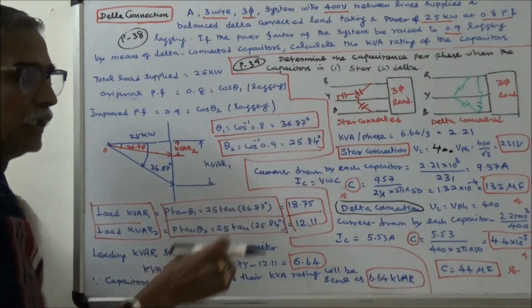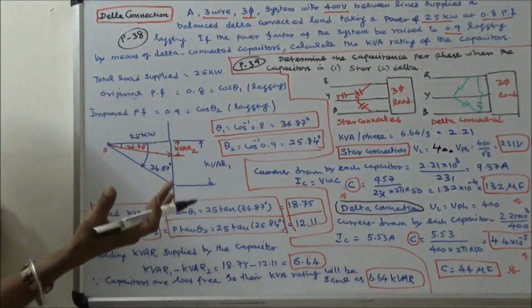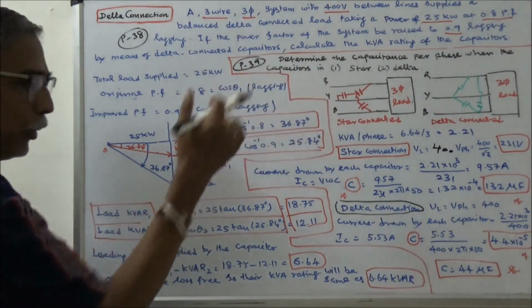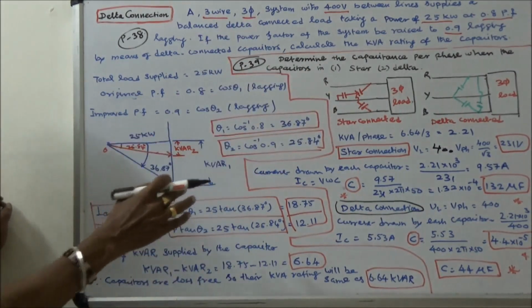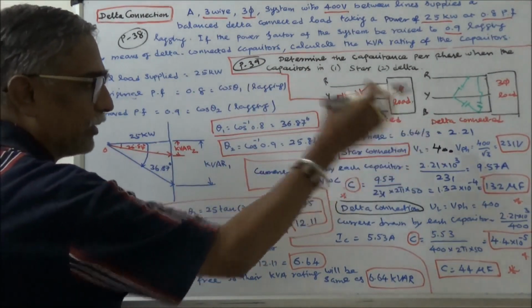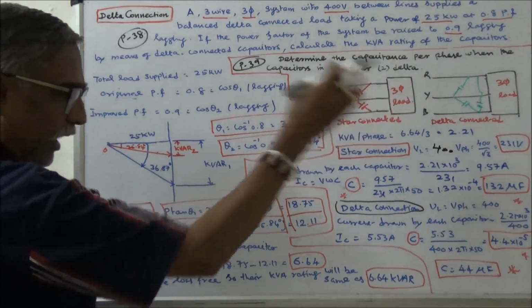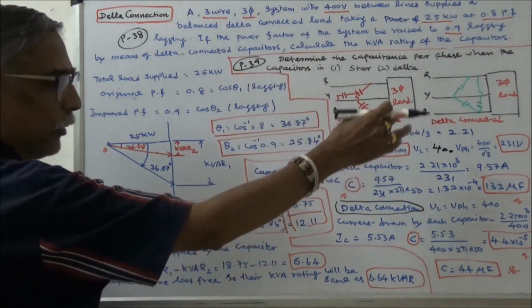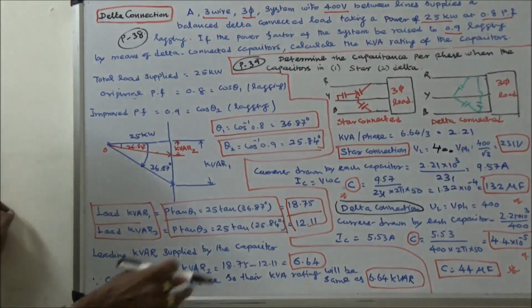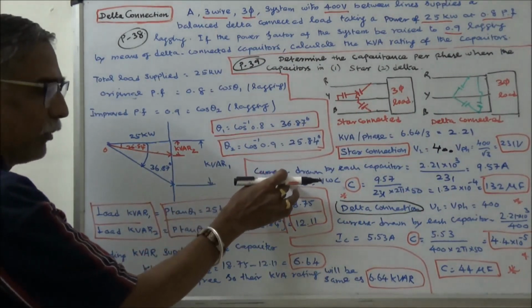In star connection, line voltage is equal to root 3 times phase voltage. Line voltage is 400, phase voltage is 231. Now we calculate the current drawn by each capacitor: 2.21 into 10 power 3 divided by 231, that is equal to 9.57 amps. So that is the IC value, the current drawn by the capacitor.